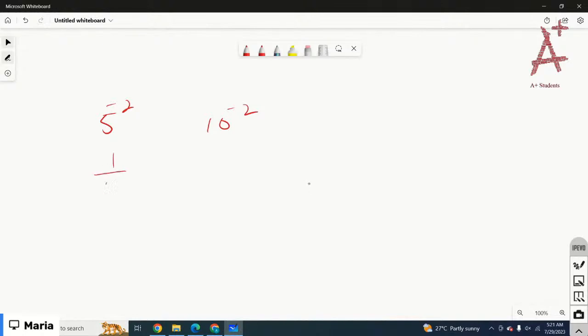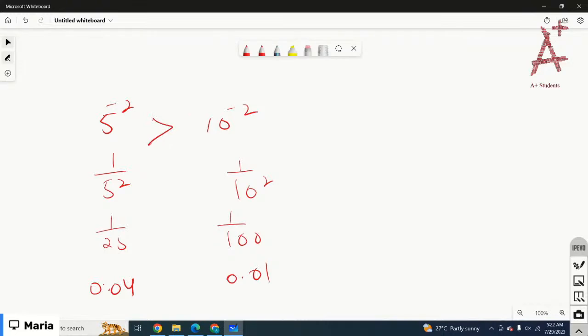Let's just see 1 over 5 square, 1 over 10 square, 1 over 25, 1 over 100. So 1 over 25 equals 0.04 and 1 over 100 equals 0.01. So which is greater? 5 exponent negative 2 is greater than 10 exponent negative 2, right?